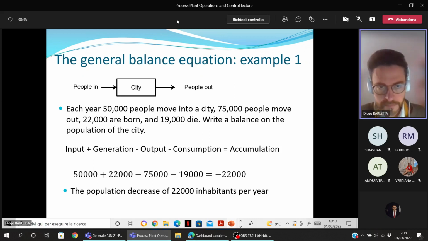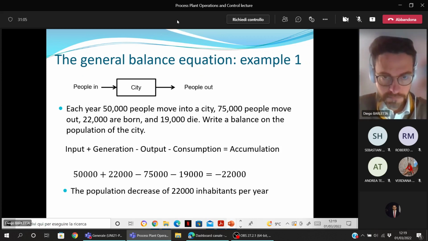So we have the input, that is the 50,000, plus the generation, that is the people that are born, so 22,000, minus the output, so those that are leaving, 75,000, minus 19,000, those who die. Okay, and so we have here the accumulation. So the accumulation in this case is negative.